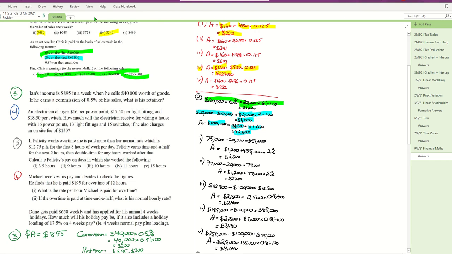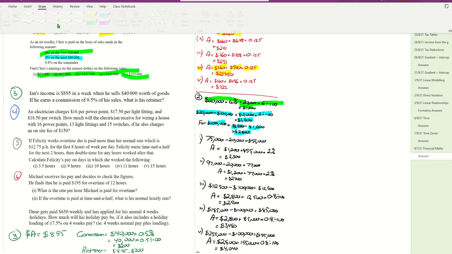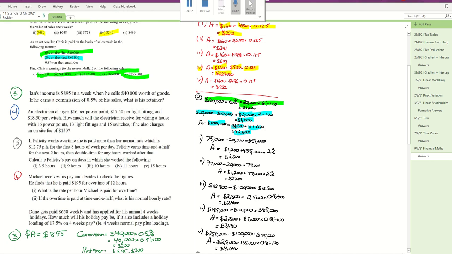So looking at my first question, he's sold 75,000. That's under 100,000, but above 20,000. So the amount we're paid is 1,200, which is how much we get paid for the first 20,000. And then the amount over 20,000 is 75,000 minus 20,000, which is 55,000.